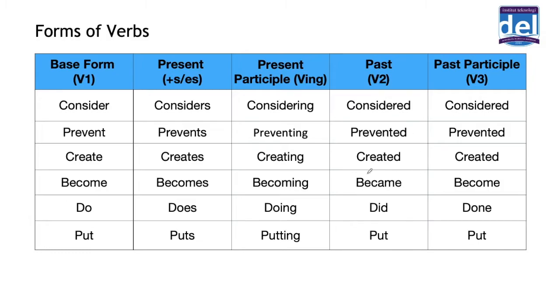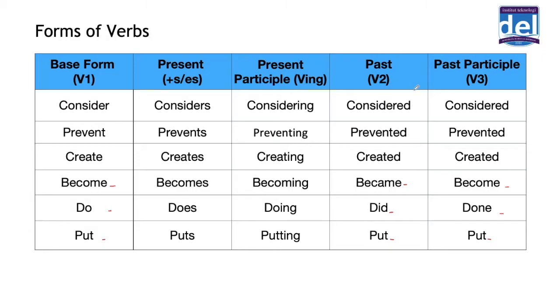For example, become, became, and become. Okay. Or maybe the form is just the same, like put, put, put. What I'm trying to say is you should be familiar with regular and irregular verbs.